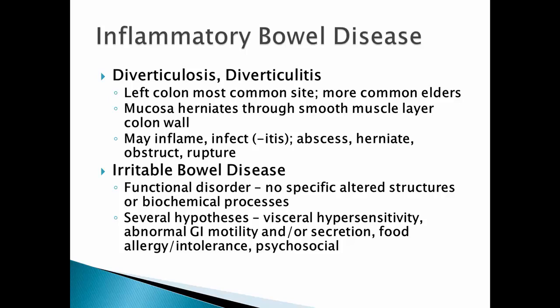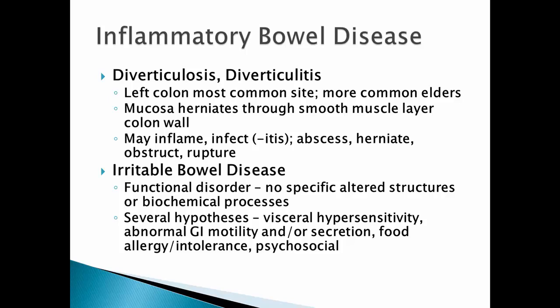And as a result of these sac-like herniations, there is an increase in the intraluminal pressure within the left colon in that area, which then means more and more pressure facilitating the herniation. Now, when these herniations become inflamed or infected, now you have diverticulitis.